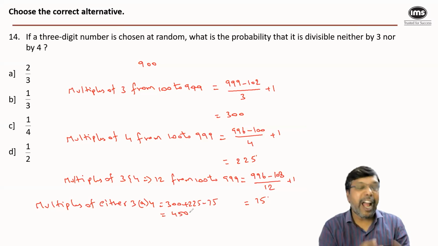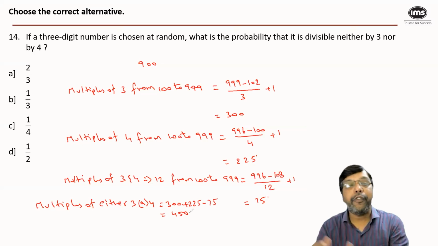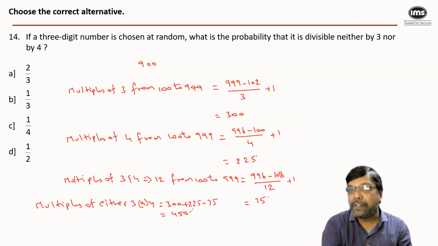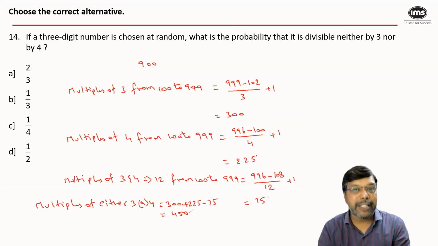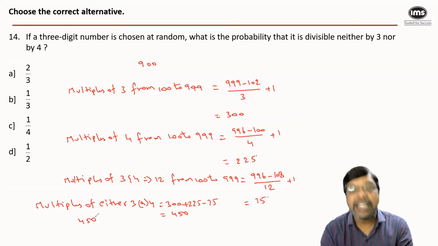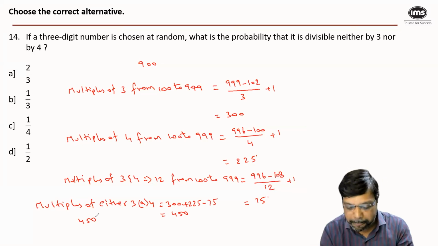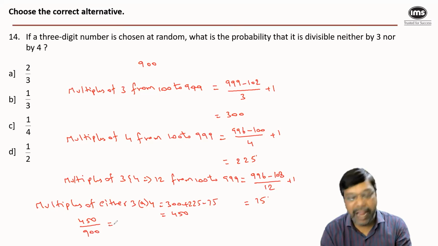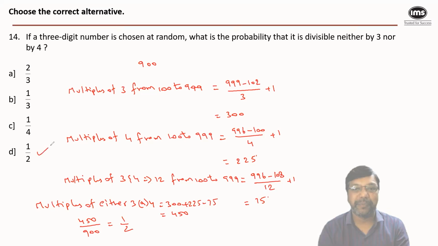So out of 900 numbers, if 450 numbers are either divisible by 3 or divisible by 4, then the remaining 450 numbers are neither divisible by 3 nor by 4. So the required probability is 450 by 900, which is equal to 1 by 2. Answer option D.